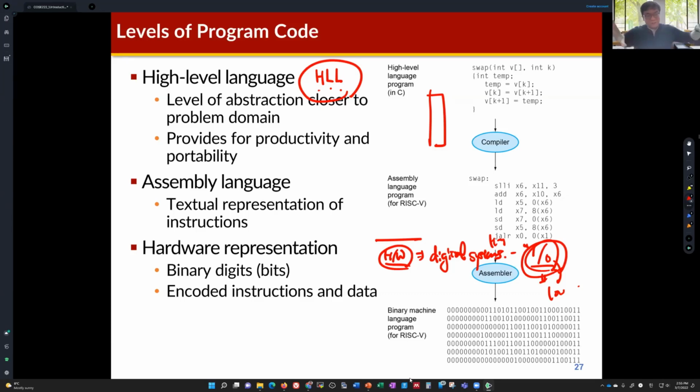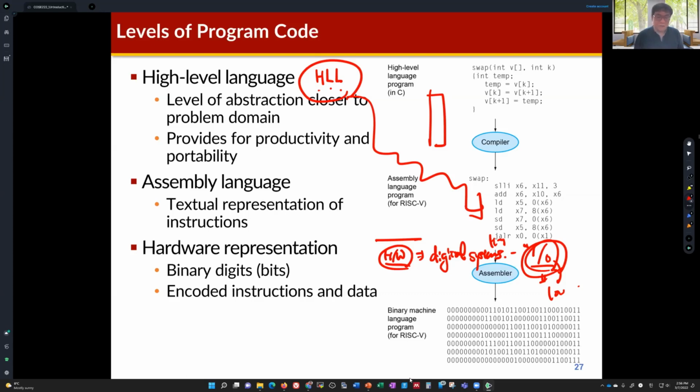If languages are different, we need a translator. Just in the same way, high-level languages should be translated into machine languages like digital signals. Okay.